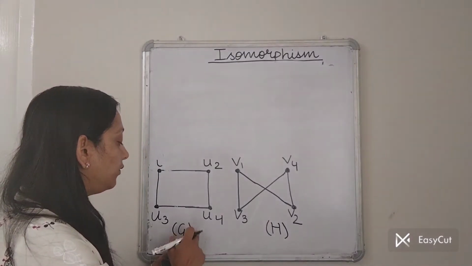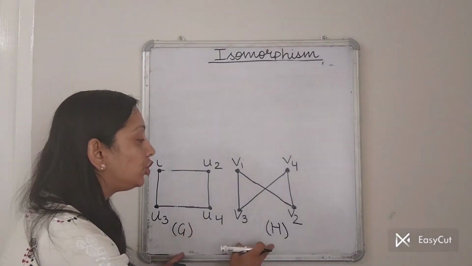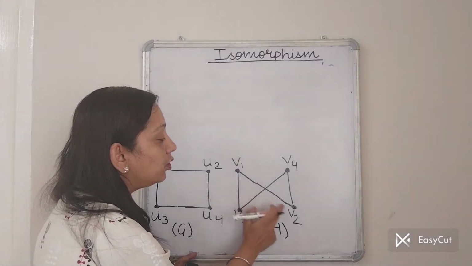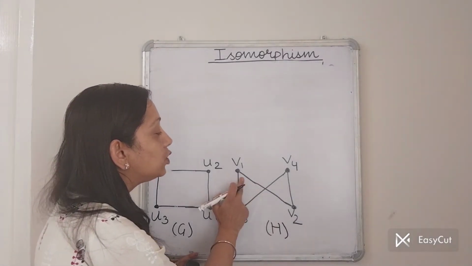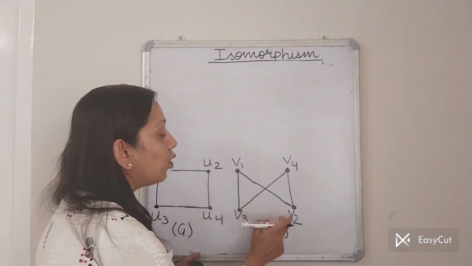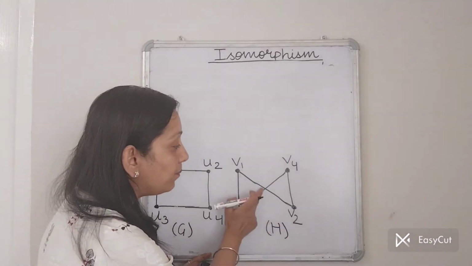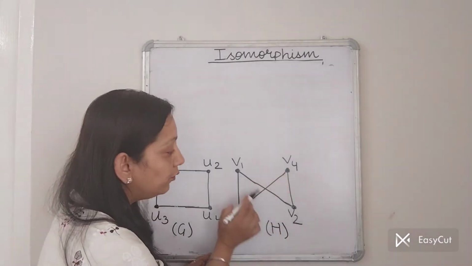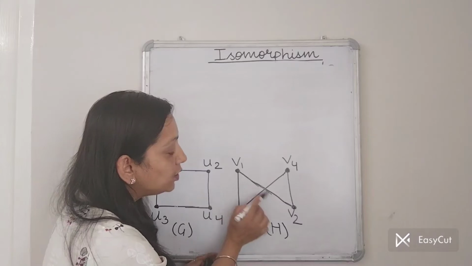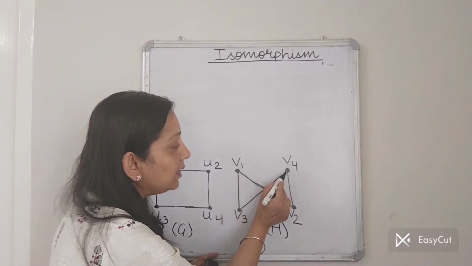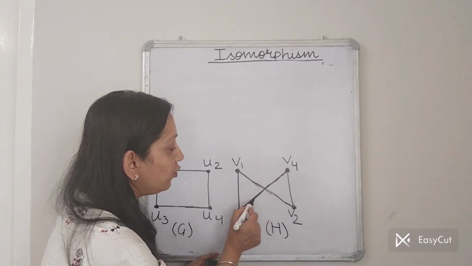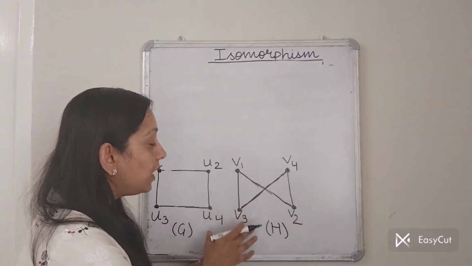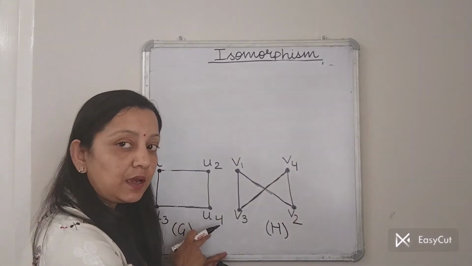So I am provided with a simpler graph G and H. I will see if I can push this particular edge, the edge that is common to vertex V1 and V2. If I push this particular edge upwards, please look carefully. If this particular edge is pushed upwards and the edge between vertex V4 and V3 is pushed downwards, will I not get the same graph as the graph G?